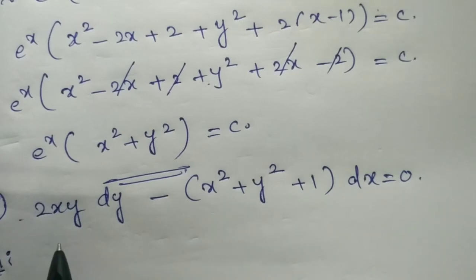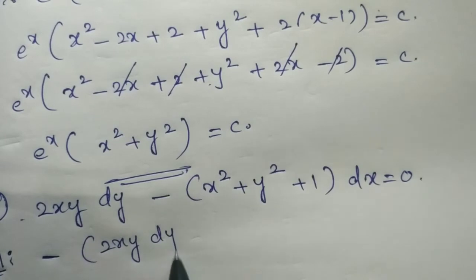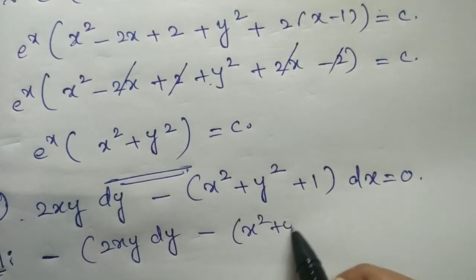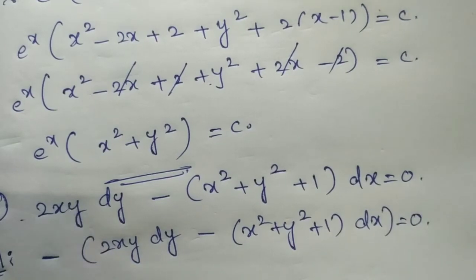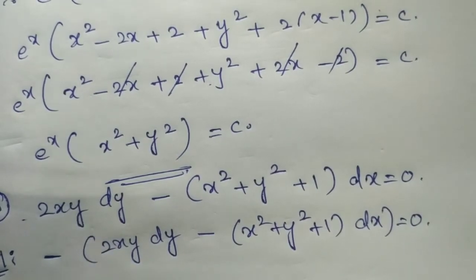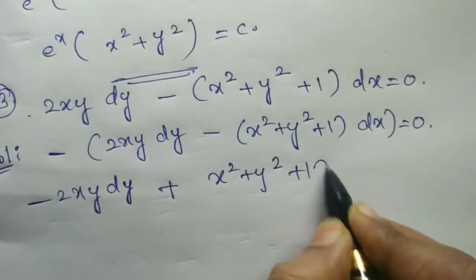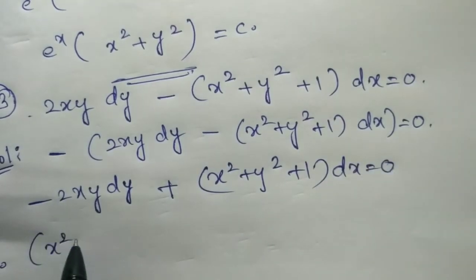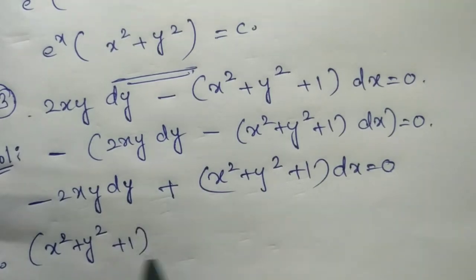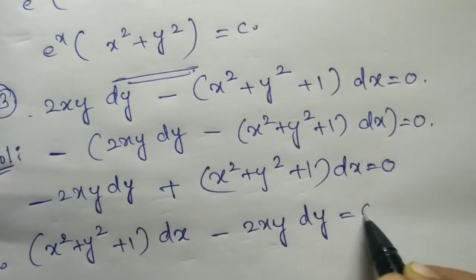So 2xy dy minus of x square plus y square plus 1 dx equal to 0. So therefore minus 2xy dy, minus into minus plus x square plus y square plus 1 dx equal to 0. So therefore x square plus y square plus 1 dx minus 2xy dy equal to 0.